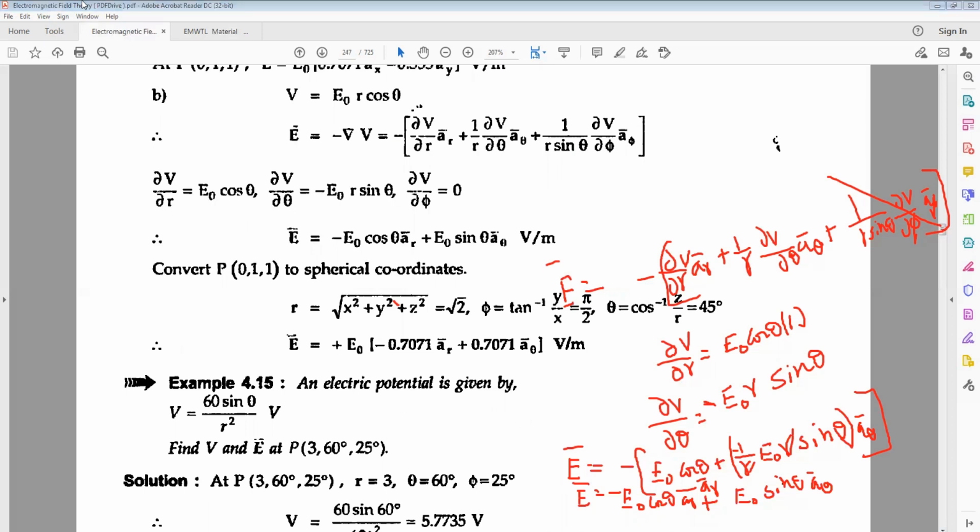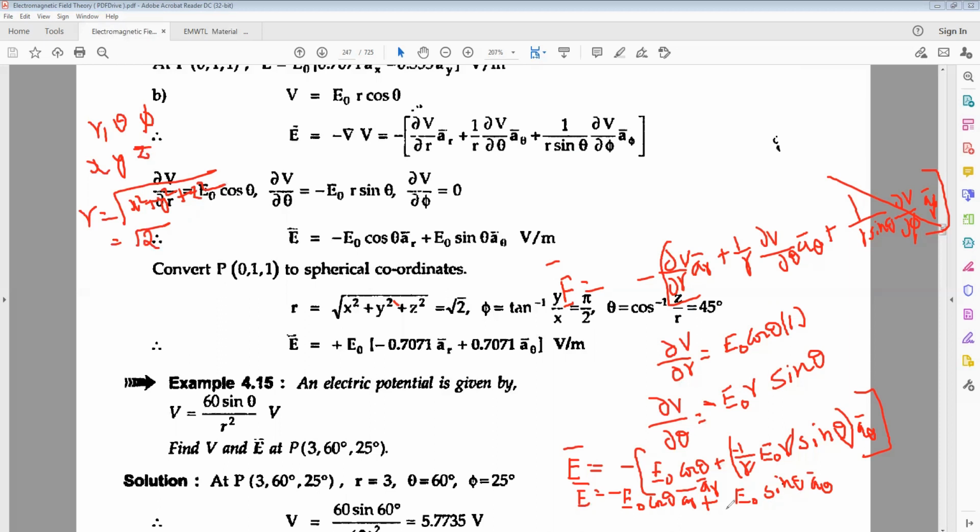R, theta, and phi are the coordinates of the spherical system, but the given is Cartesian, so R is equal to the square root of x square plus y square plus z square. x square is 0, y square is 1 and z square is 1, so R is root 2.